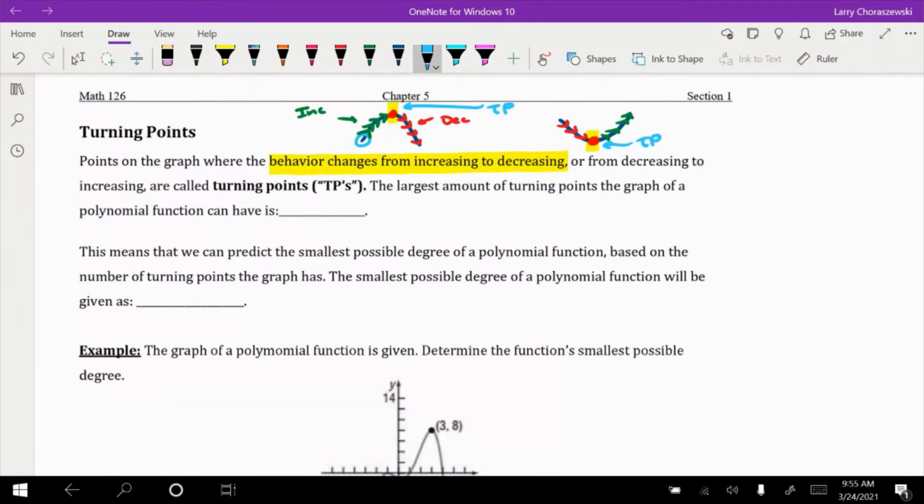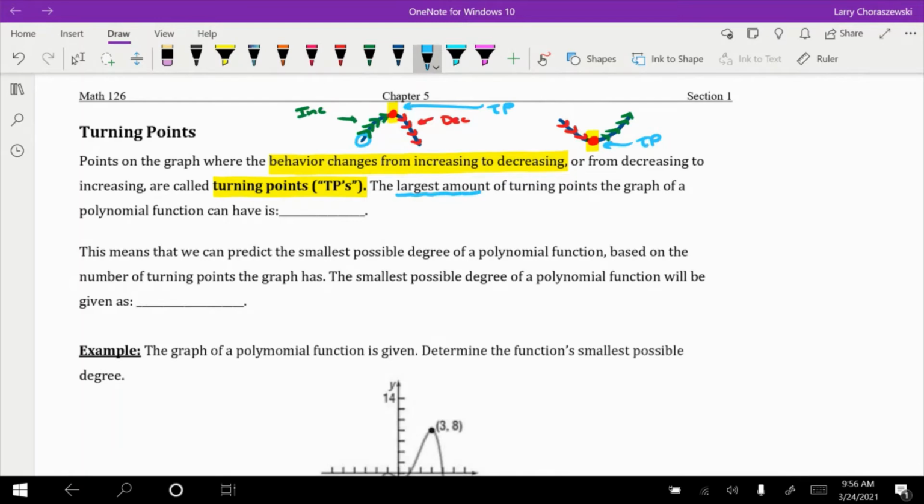Okay, but the terminology turning points is more specific to polynomial functions. All right, so we can still have maximums and minimums on non-polynomial function graphs, but they're likely not going to be called turning points. This is more specific to polynomials. So turning points are where the behavior changes, and I'll give you a neat little fact about turning points.